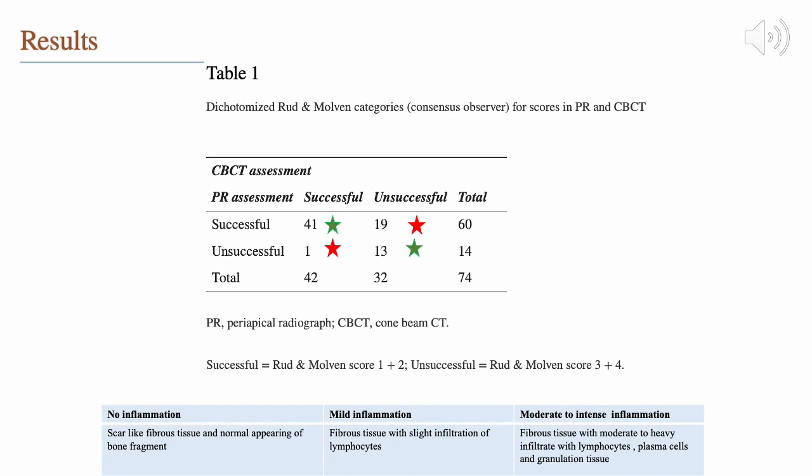It was classified as having no inflammation when there is scar-like fibrous tissue and normal appearing bone fragment, or mild inflammation where there is fibrous tissue with slight infiltration of lymphocytes, or moderate to intense inflammation where there is fibrous tissue with moderate to heavy infiltration of lymphocytes, plasma cells, and granulation tissue.